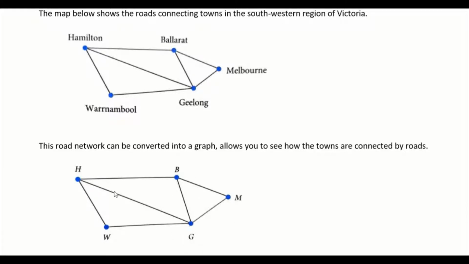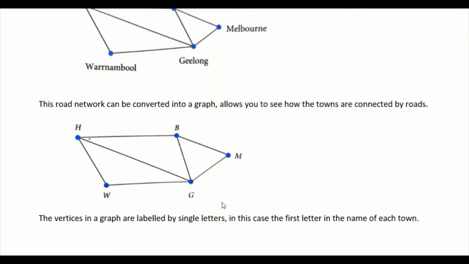The vertices here represent different towns, and the edges here represent the routes. When we convert it to a graph, the vertices in the graph are normally labeled by a single letter. In this case, it's the first letter of each town. This is one of the simplest examples, just an idea for you to understand what a network looks like.